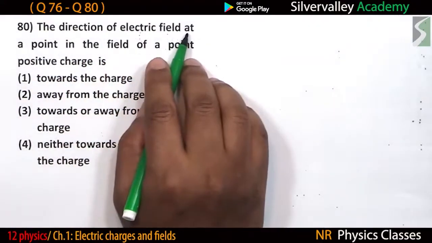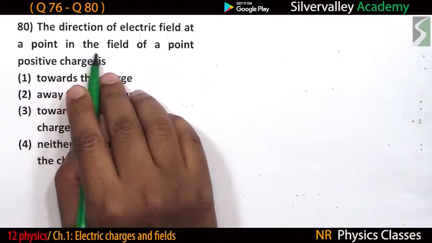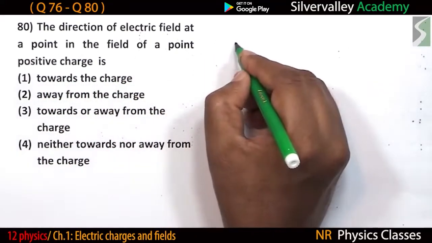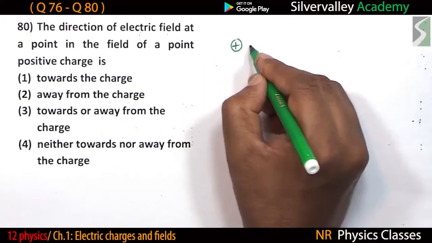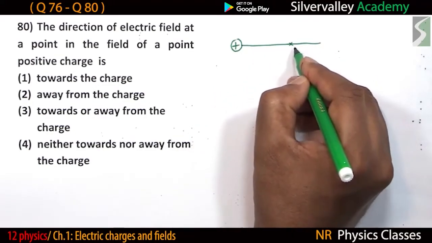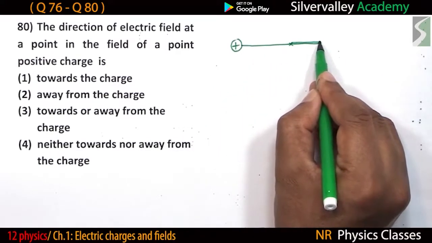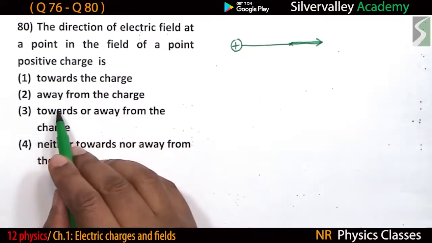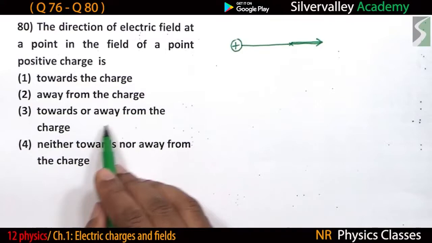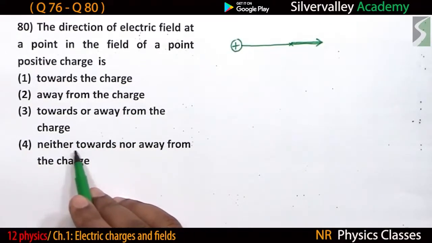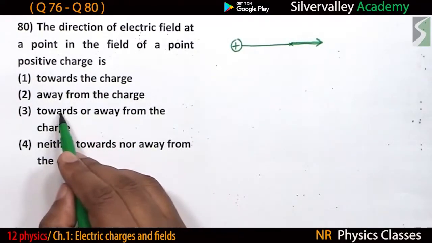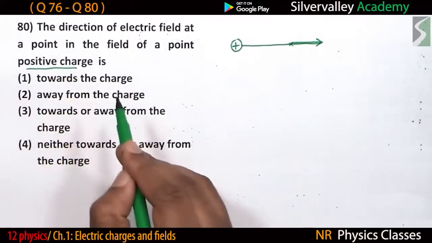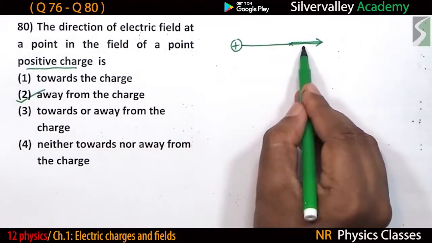The direction of electric field at a point in the field of a point positive charge is: towards, away, towards or away, neither towards nor away. Direction of electric field is away from the charge, radially outward. Since it is a positive charge, it should be away like this.